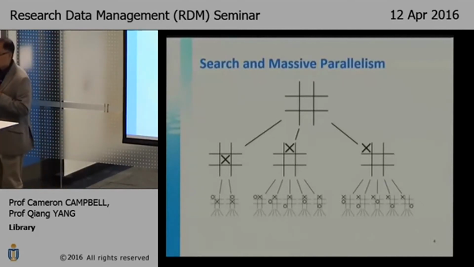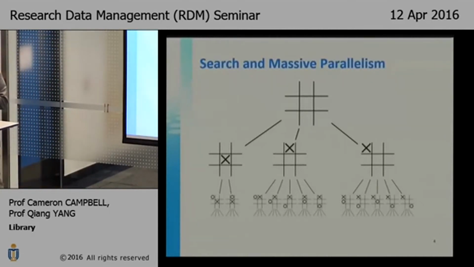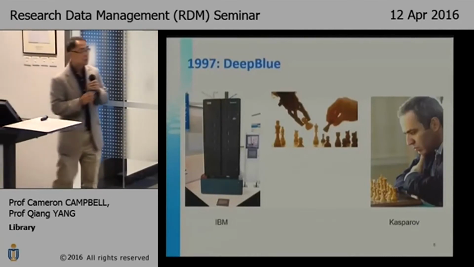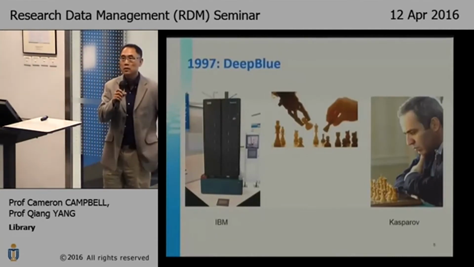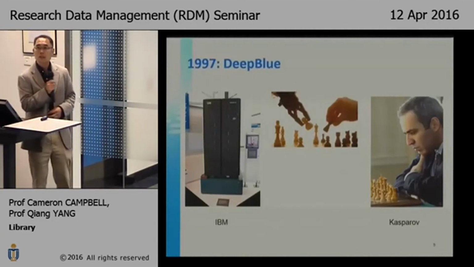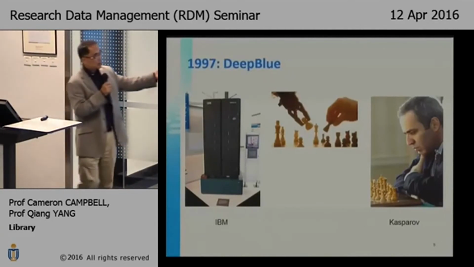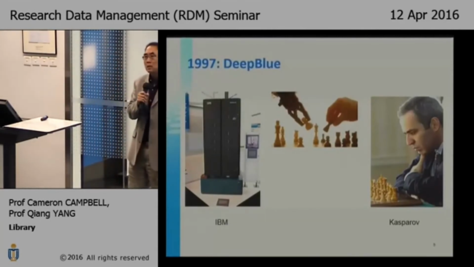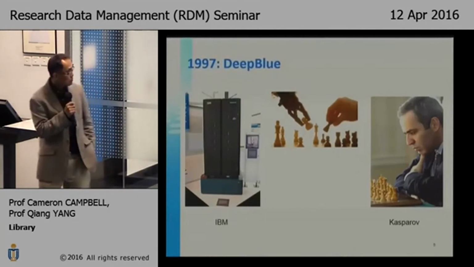Two things. So this brought about an IBM success in 1997, known as Deep Blue, right? The Deep Blue computer, and Deep Blue in that event beat the world champion Kasparov.